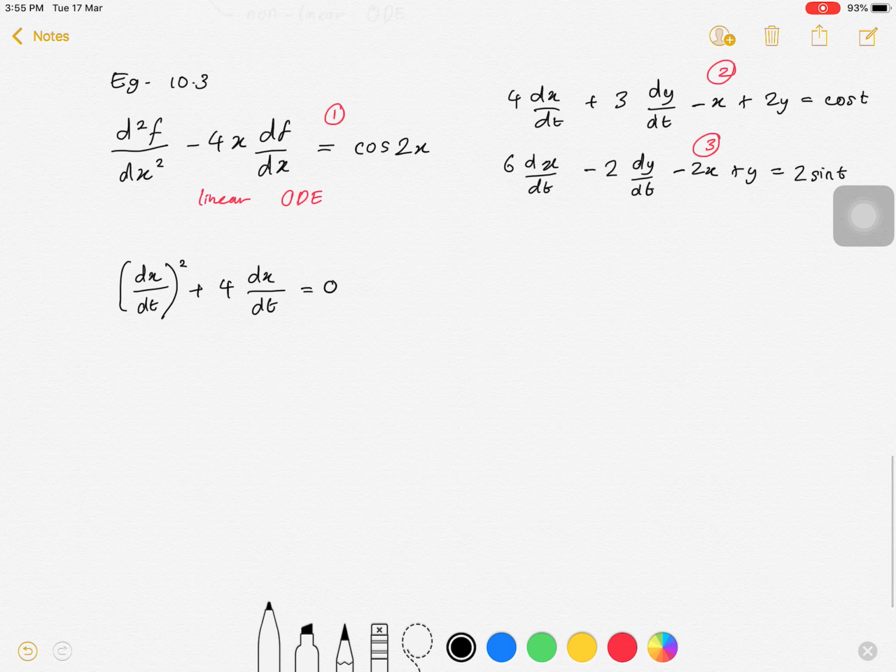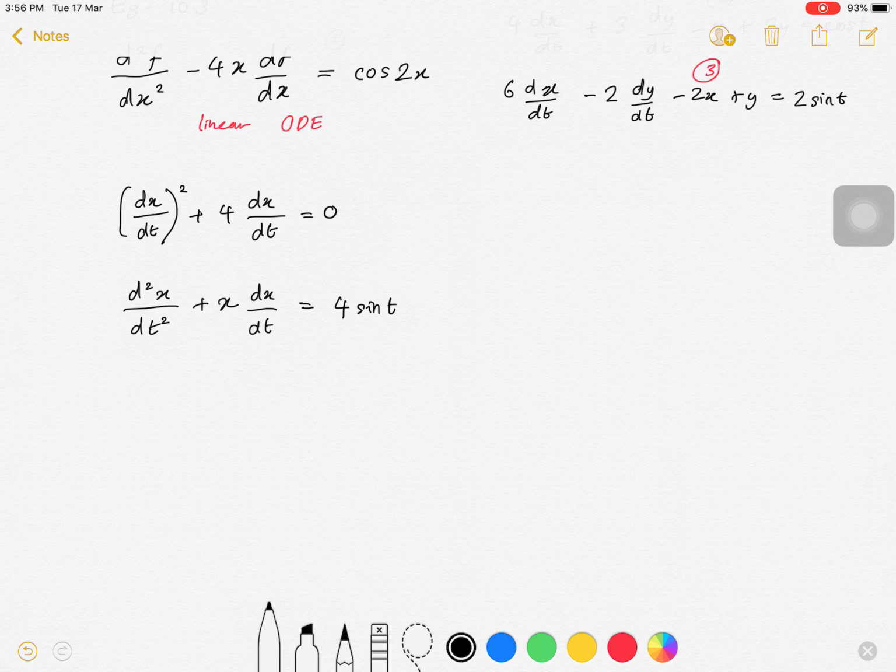The second: d2x/dt2 plus x dx/dt equal to 4 sin t. And the last one: 4dx/dt plus sin x equal to 0.